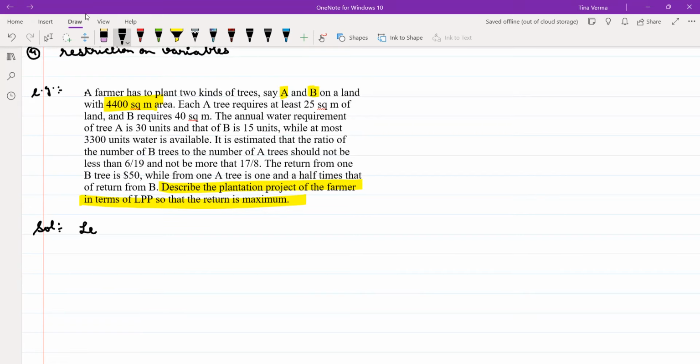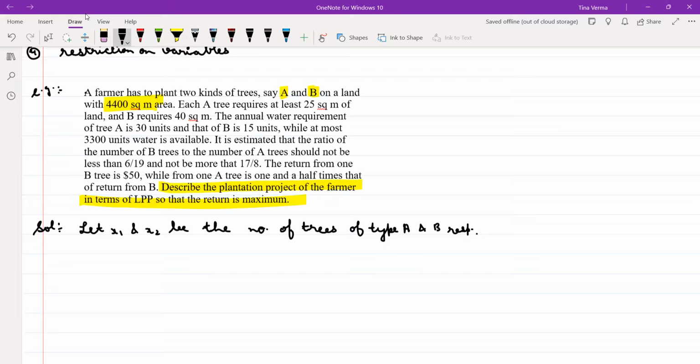So I can take, let x1 and x2 be the number of trees of type A and B respectively, right? You have to do the plantation project and plant 2 types of trees. The trees have some land requirement, water requirement, some availability.